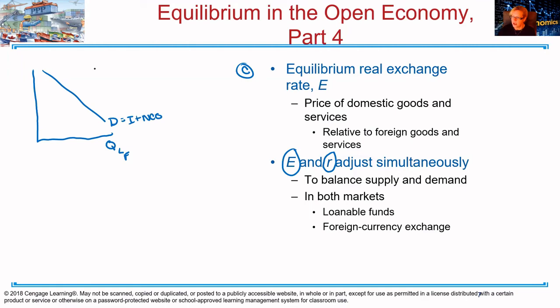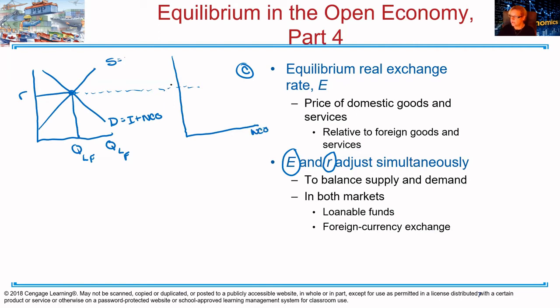Then we have the supply of loanable funds, which is national savings. Where the two intersect, that is our real interest rate. We're going to follow it down. This is the quantity of loanable funds. We then follow that into the second panel, and this is net capital outflow.